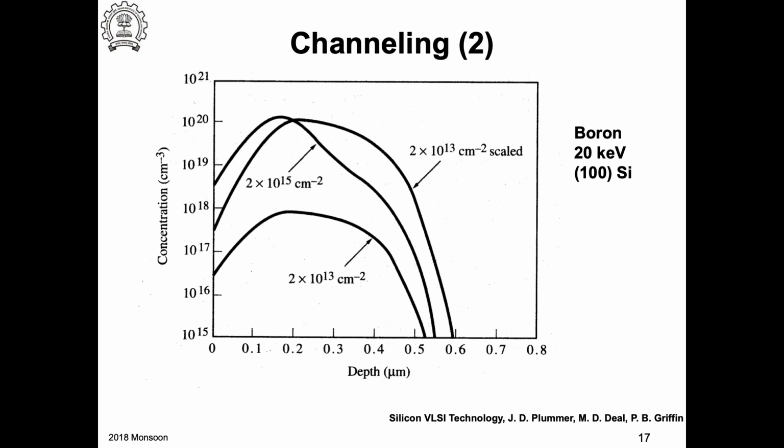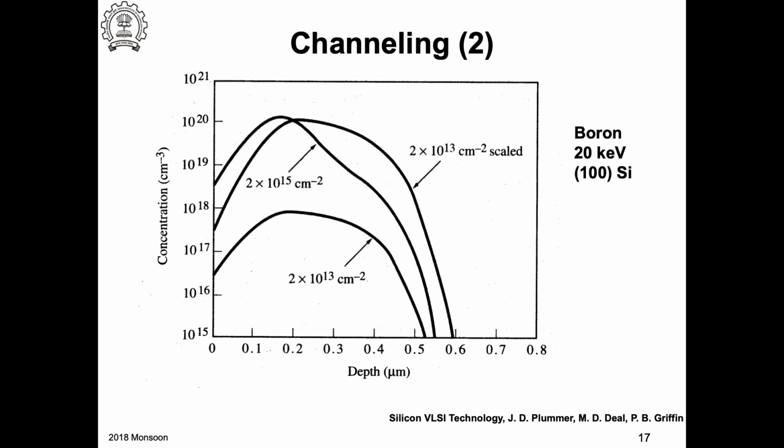That's what it says. So you can see in this, as you increase the dose, more and more ions actually end up in this part of the profile. And here you cannot say that because it's actually looking fairly flat. But in this case, it's peaking somewhere here, and then there is a substantial reduction. Now this can be explained by channeling, because as you increase the dose, you're creating damage in the crystal. As you are increasing the dose, more and more ions are coming and hitting the silicon, so you are creating more damage.